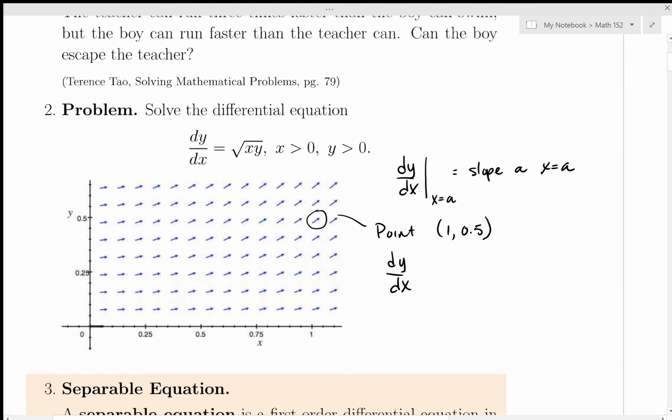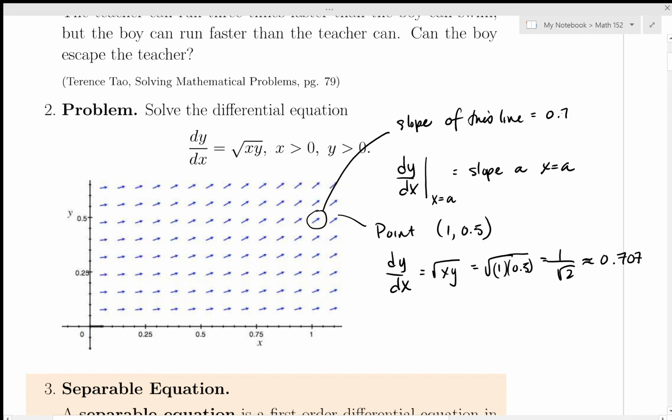We were told dy by dx is the square root of xy, and that is the square root of 1 times 0.5, which is 1 over the square root of 2, approximately 0.707. So this line, the one drawn here, is drawn with that slope. That is how these things are found.